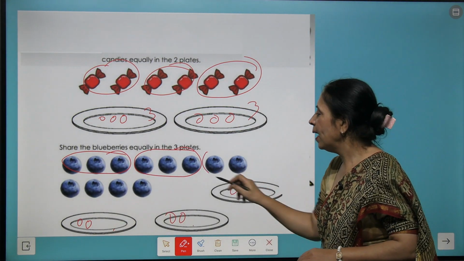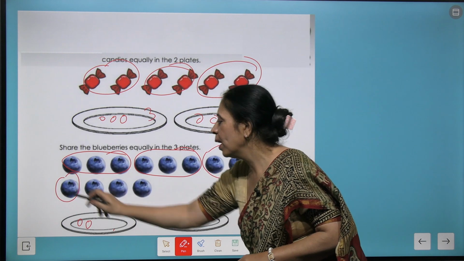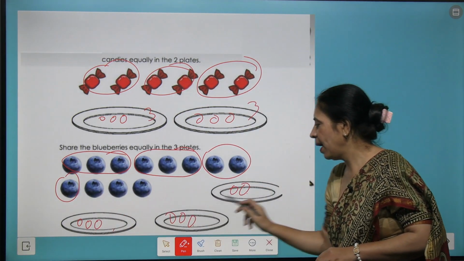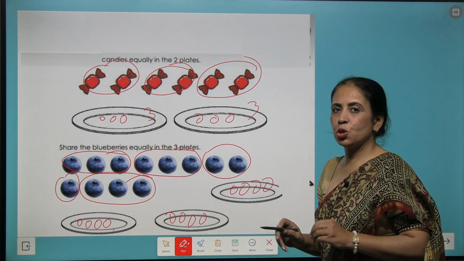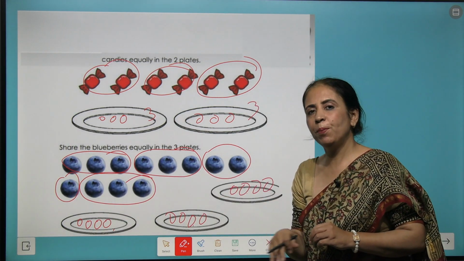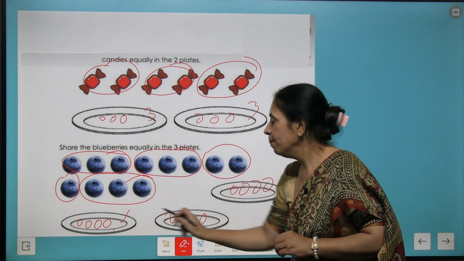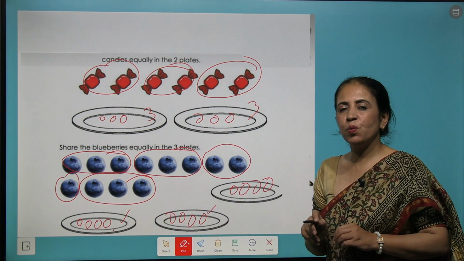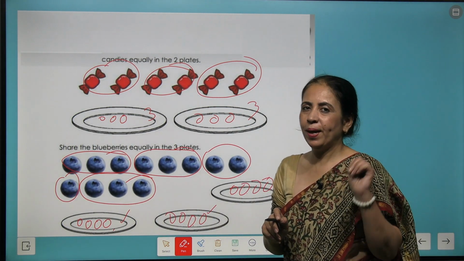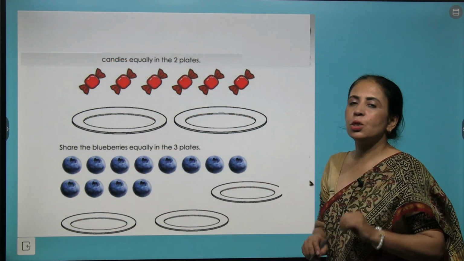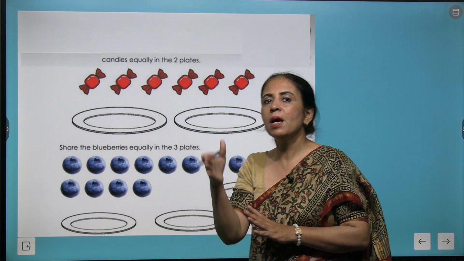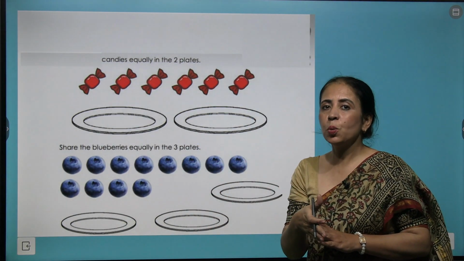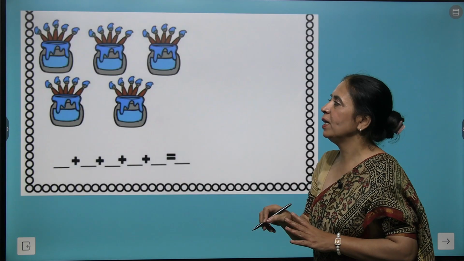Once again, let's pick 3 more and place them on the plates. And the same thing is to be done with the last 3 blueberries. And we say that on each plate we have 4 blueberries. Yes, that means you are making 3 groups, but you don't know how many will come in each of these groups.